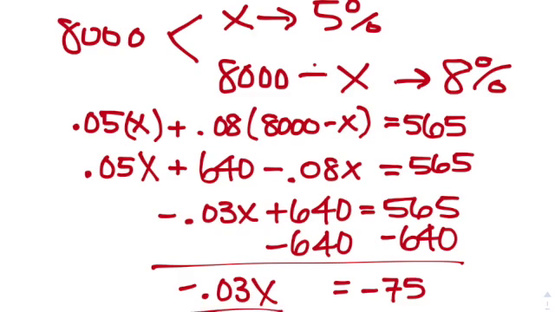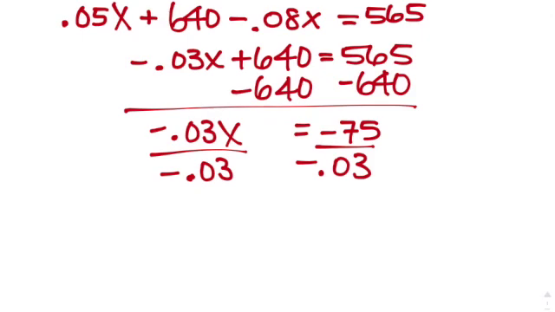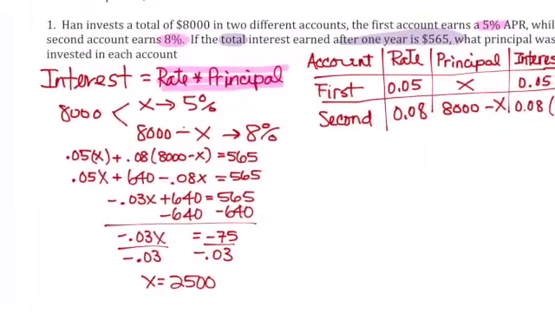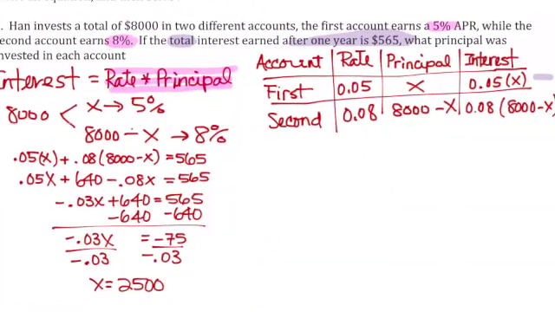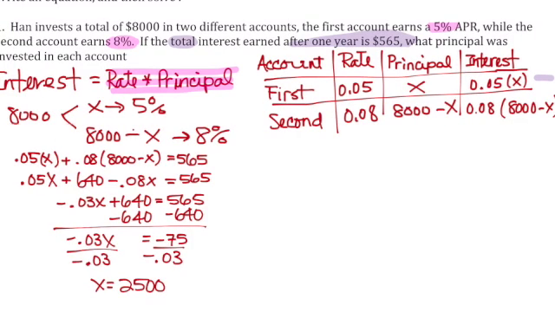And if you divide by negative 0.03 on both sides, your first answer will come out to be x equals 2,500. That means the very first account that invests in 5%, you have $2,500 in there.